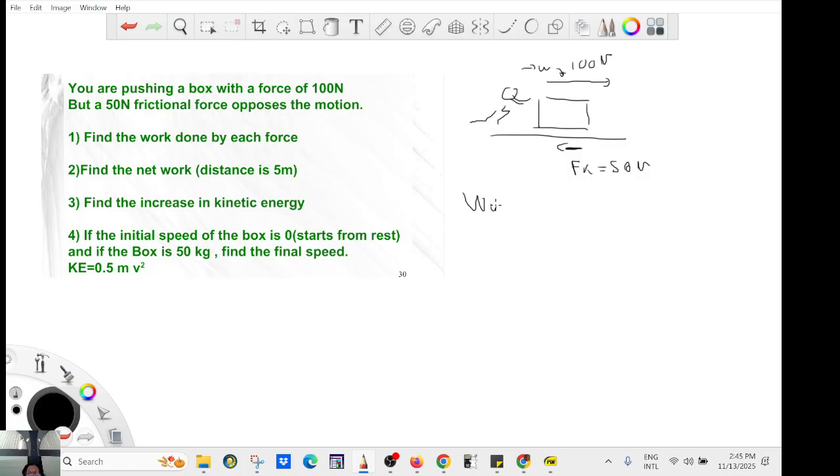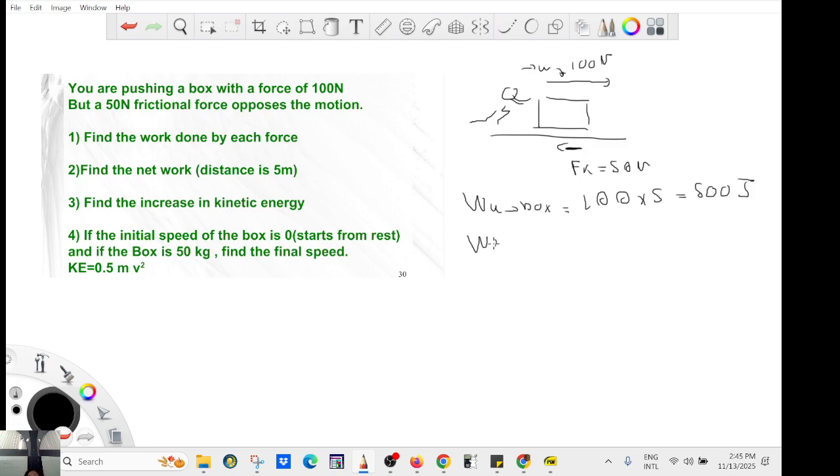So it's stealing energy from the box. The work done by you on the box, the distance is 5 meters, so it's going to be 100 times 5, which is 500 joules. Do you agree?